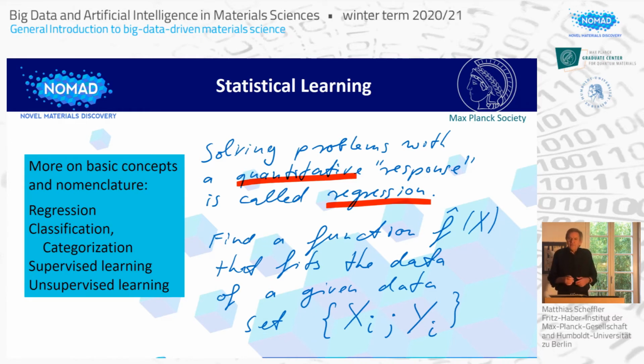Now, of course, not everything in life has really a quantitative output, and so there is the other option that we in fact have just a qualitative output.